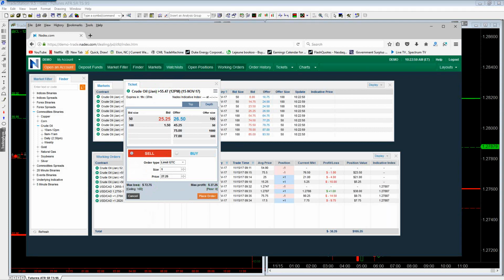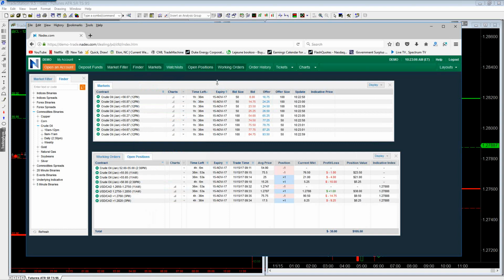If you take the time to actually read your ticket, then it's pretty much explanatory of what you're doing. But again, you have to kind of know the lingo, whether you're buying or selling. What does it mean when you sell?